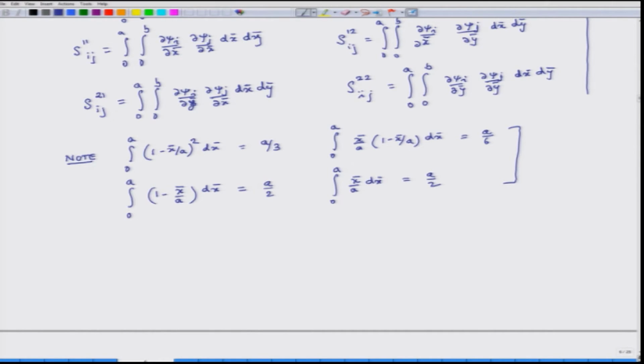So, what I will do is I will write down expressions for S00. S00 is AB over 36 times the matrix: 4, 2, 1, 2, 2, 4, 2, 1, 1, 2, 4, 2, 2, 1, 2, 4.